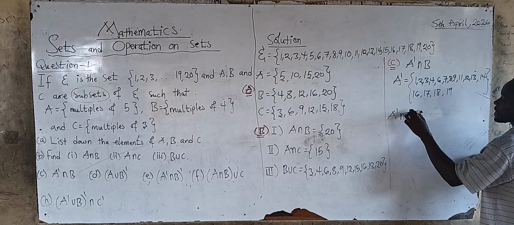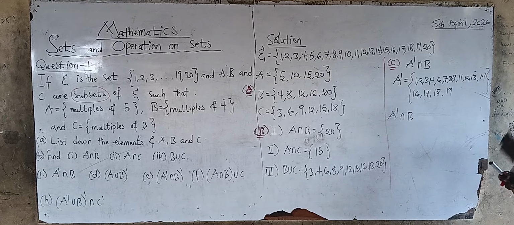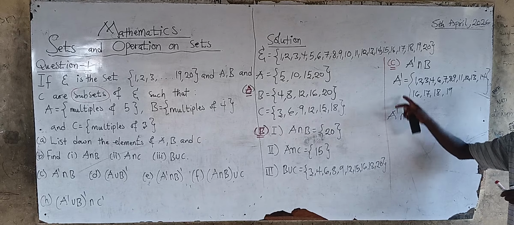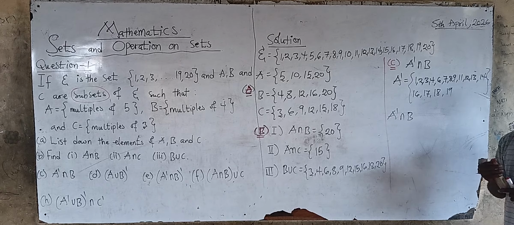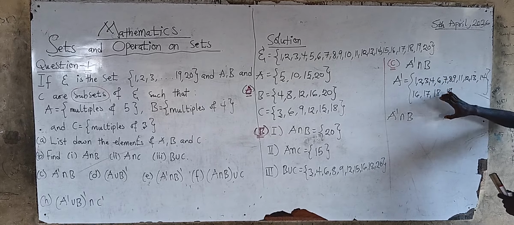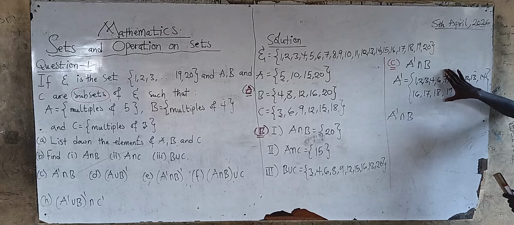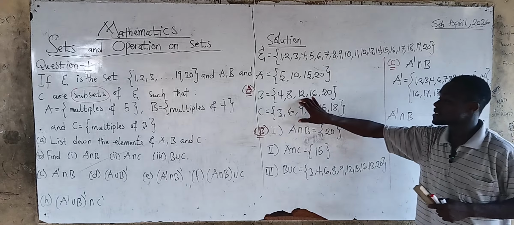Now that we are done finding A complement, we can find A complement intersection B. We now know the elements of the set A complement, which is this. To find A complement intersection B, we are going to compare the set of elements of A complement with that of the set B, which is this.